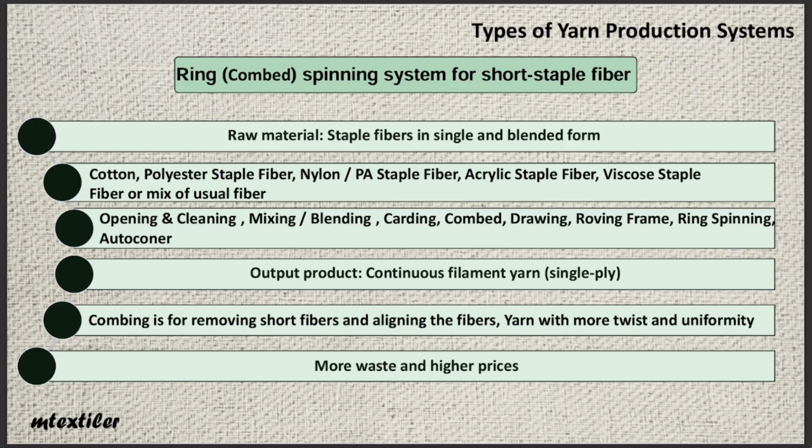Machine sequence used in this system: opening and cleaning, mixing, blending, carding, combed, drawing, roving frame, ring spinning, autoconer. Output product: continuous filament yarn, single ply. Combing, for removing short fibers and aligning the fibers, produces yarn with more twist and uniformity. Note, more waste and higher prices.